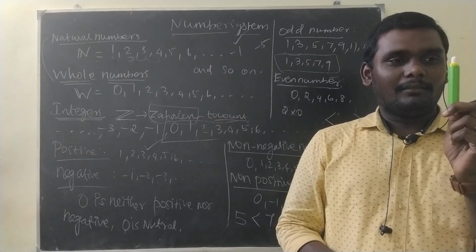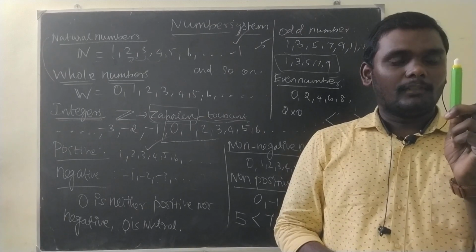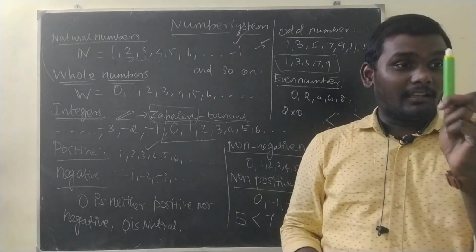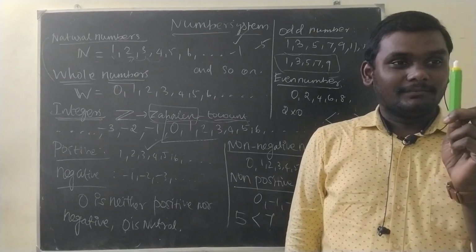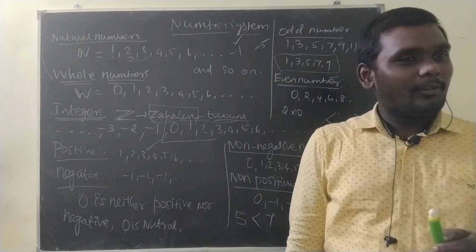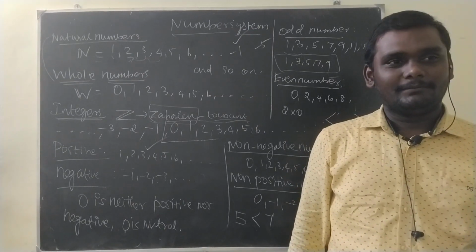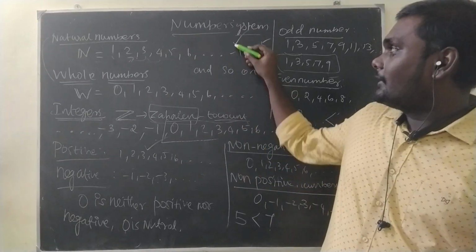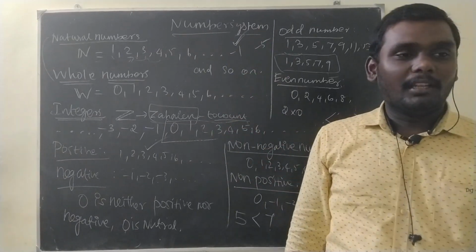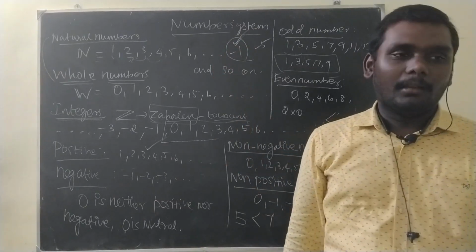Will it look big or small? Like your phone itself, you just come closer to your phone, how big it looks. So when the distance is smaller, the object looks bigger. That is why we take minus 1 as the bigger number.